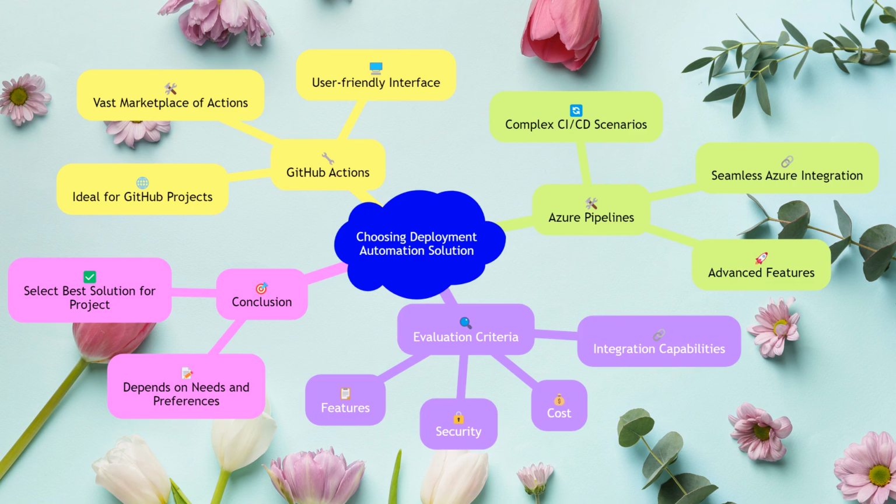Azure Pipelines, on the other hand, provides advanced features for complex CI/CD scenarios and seamless integration with other Azure services. Ultimately, the choice depends on your specific needs and preferences. By carefully evaluating the features, integration capabilities, security, and cost of each tool, you can select the best solution for your project.